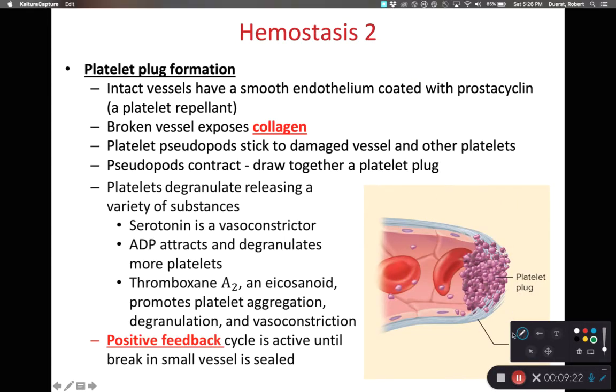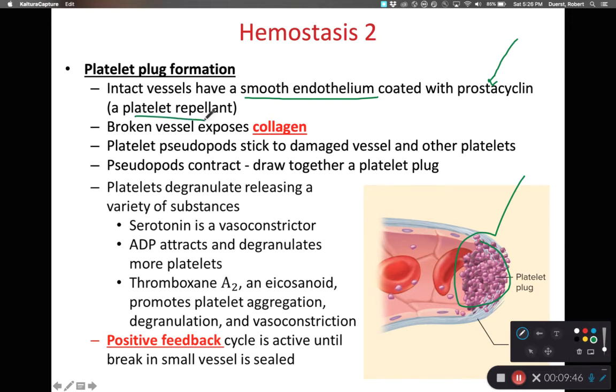We also are going to have the platelet plug form. As our platelet plug forms, that is going to be a large mass of platelets that clogs up the hole in the blood vessels. Our intact blood vessels have a very smooth layer of cells called the endothelium on the inside, coated with prostacyclin that repels platelets.